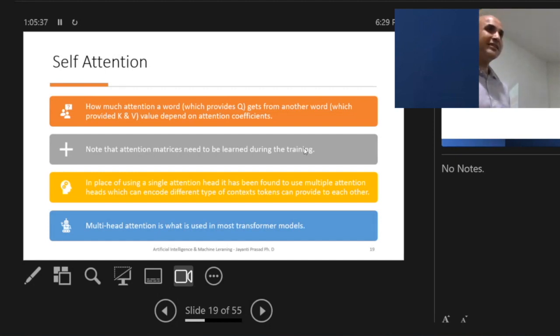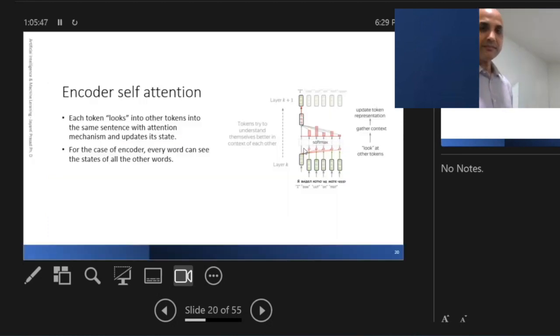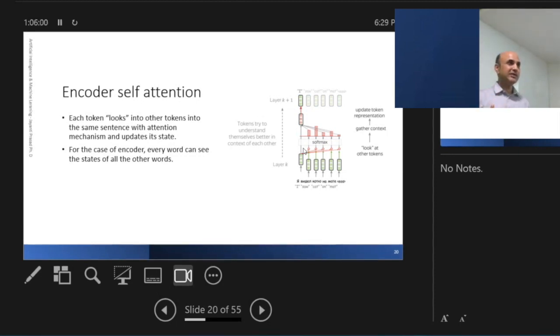So for multi-head attention, the first thing was attention, and the second was multi-head attention. Why limit ourselves? Multi-head attention means there will be multiple weight matrices. In encoder self attention, we find the attention between all the tokens in our input sequence, shown pictorially there.